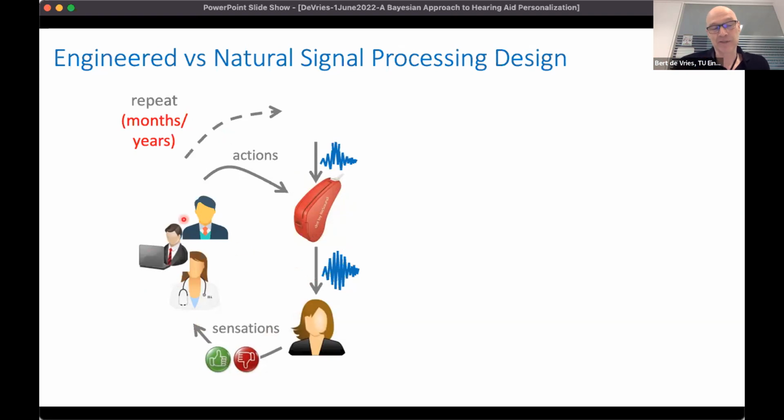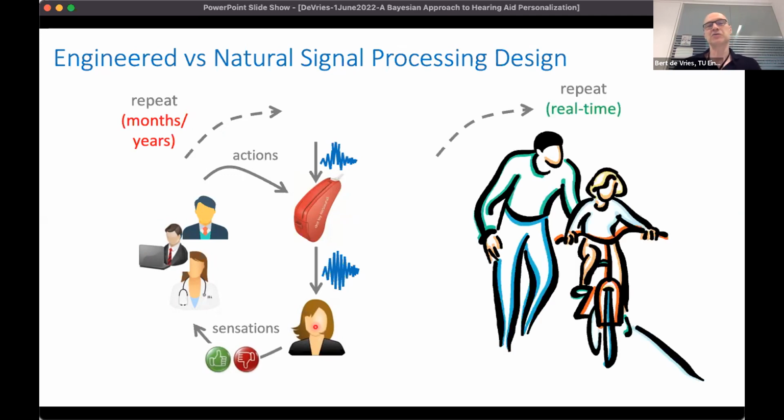Because there's 300, 400, 500 people in the company in the middle of this design loop. And by that time, this problem of this user who couldn't hear her conversation partner, well, our reaction is just too late.